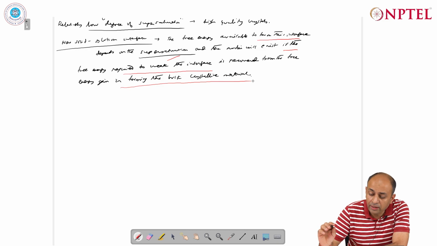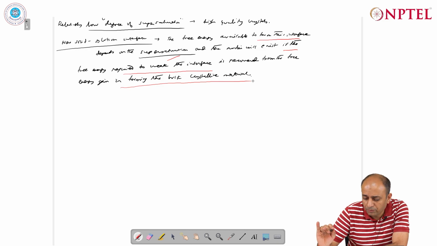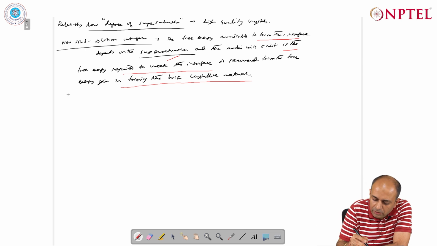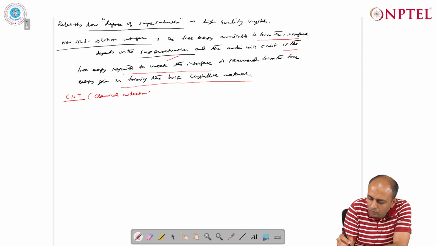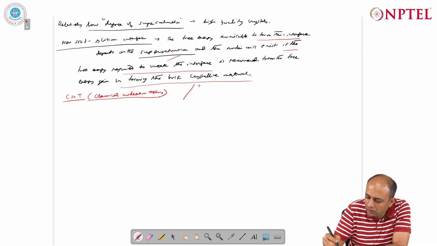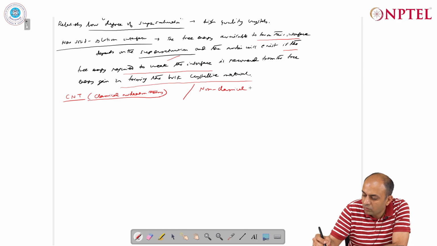So, in this regard there are different models which have been proposed, and one is the classical nucleation theory, and the other one is the non-classical nucleation theory.